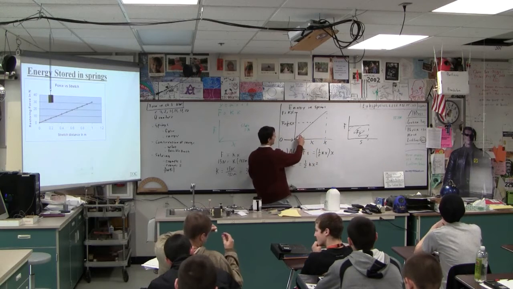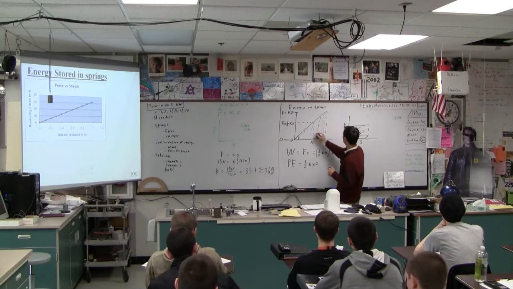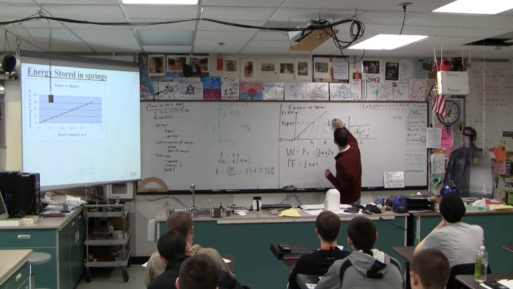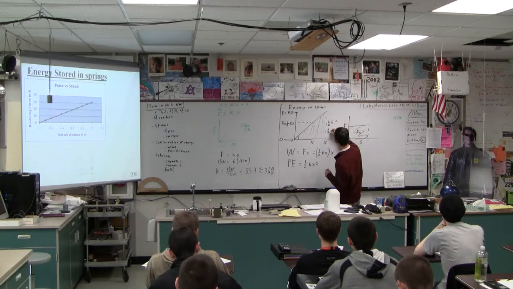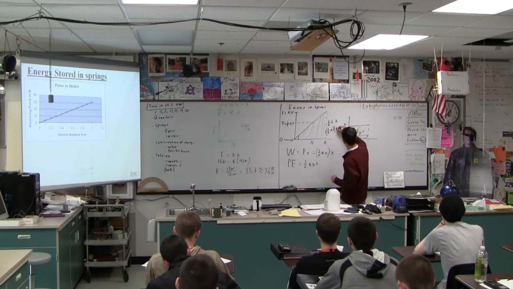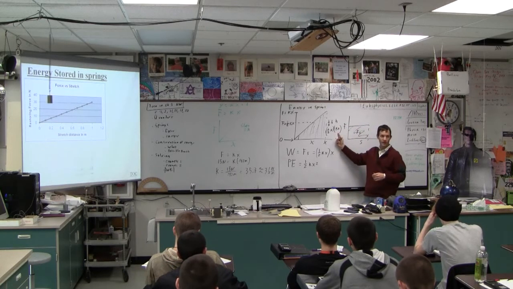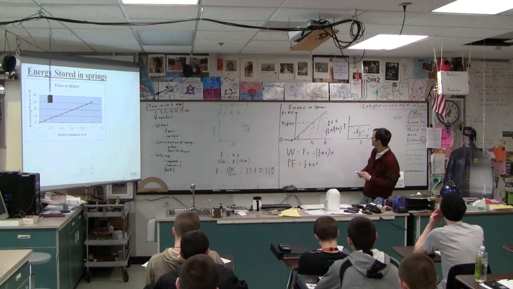Here it's still the area under this graph, right? It's still all this area, and this area is 1/2 base times height, which is 1/2 x, right? The base is x, and the height is kx, yeah? Doesn't that work? 1/2 x kx is 1/2 kx squared. I think it still is, yeah. There we go, right? So, yeah, there we have it.